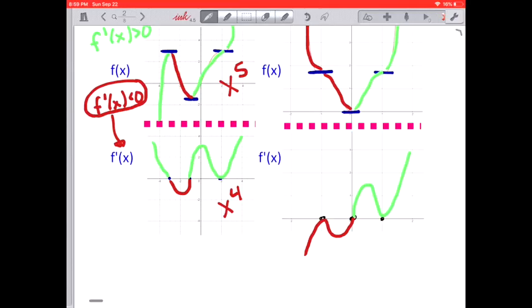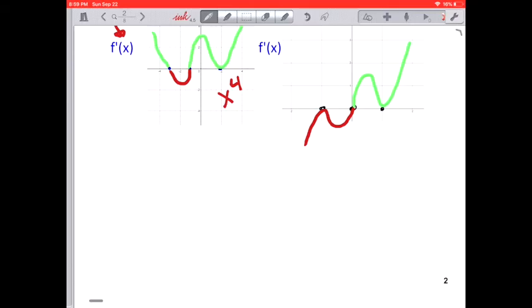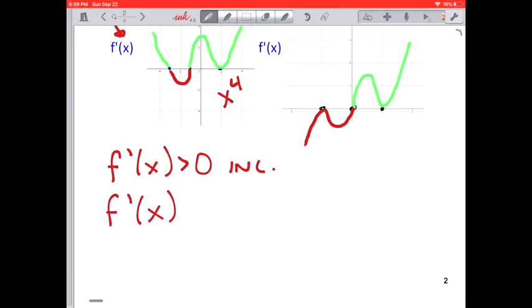Wherever my function f of x is increasing, my derivative f prime of x is above the x-axis. Hope I didn't just say the wrong thing. F prime of x greater than 0, increasing. F prime of x less than 0, decreasing.